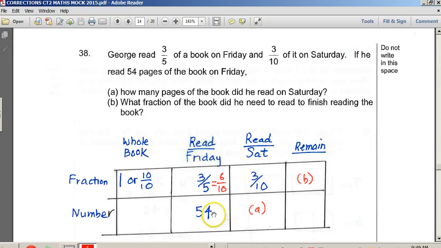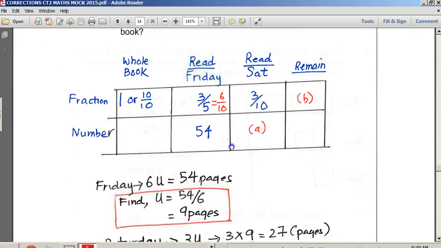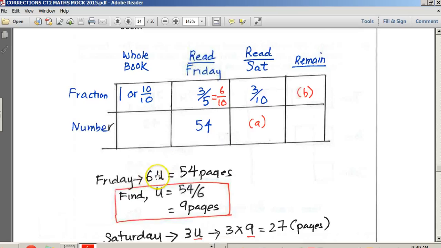The number of pages read is 6 units or 6/10. Can you see? 6 units is 54 pages. Out of 10 units, 6 units are being read. It means 6U is 54 pages. 1U is 54 divided by 6, which is 9 pages.